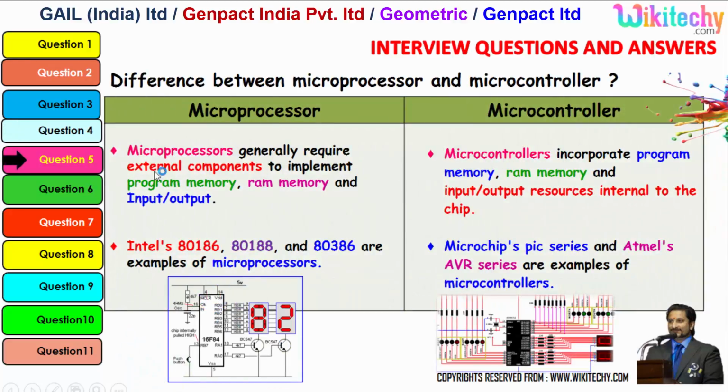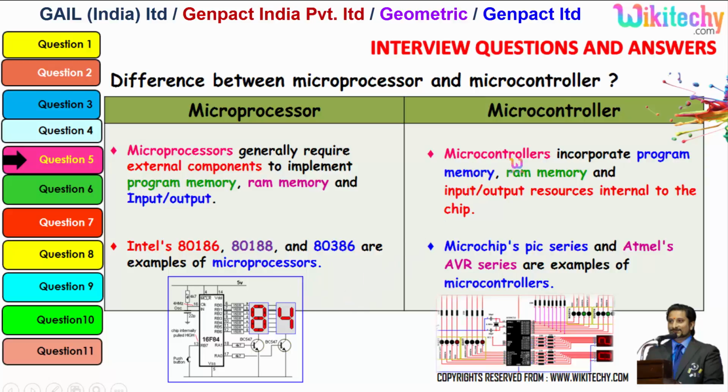Let's move on to the next question, the differences between microprocessor and microcontroller. Microprocessors generally require external components to implement program memory, RAM memory and input-output. Here is the example: Intel 80186, 80188 and 80386 are typical examples of microprocessors.